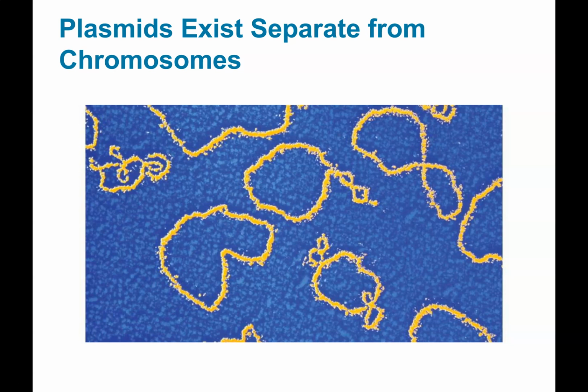They can carry extra genes for antibiotic resistance, genes for extra metabolic capabilities, and genes that encode virulence factors, which make the bacteria more disease-causing. This is an electron micrograph of some plasmids. You can see these are little pieces of DNA here.